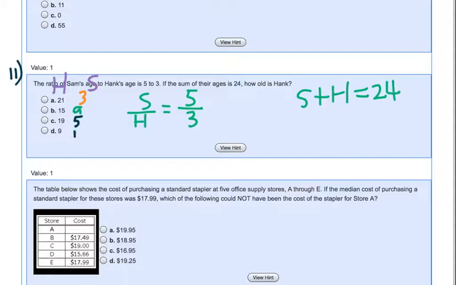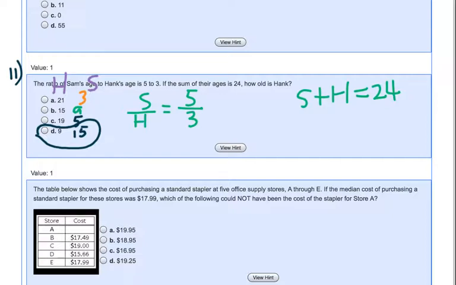Here, this will be 15. Then you check Sam over Hank, it has to be 5 over 3. So which one? The ratio of Sam's age to Hank's age is 5 to 3. Then D will be the answer.